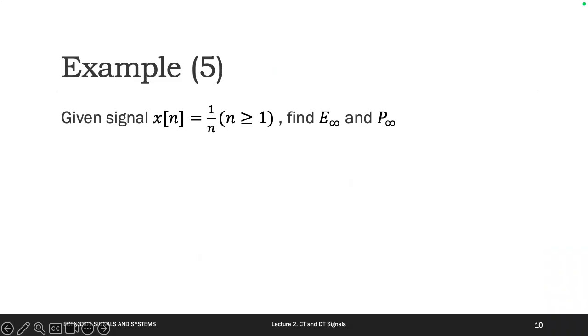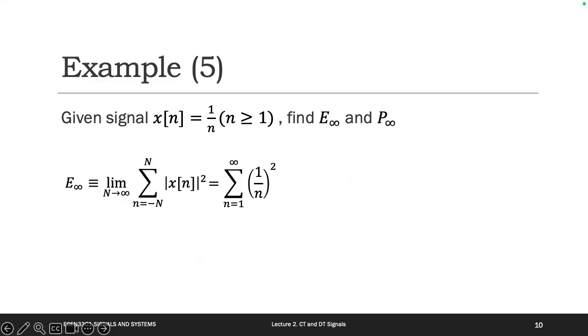Okay, let's talk about the other one. This one, n greater and equal than 1. And what's the first step? Yeah, equation. We use these equations, and because I just gave you n greater and equal than 1, you can write this equation like this.